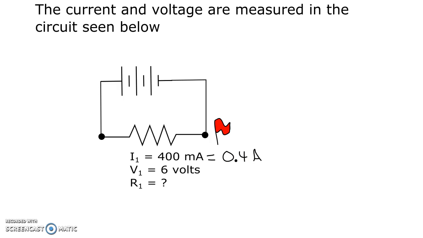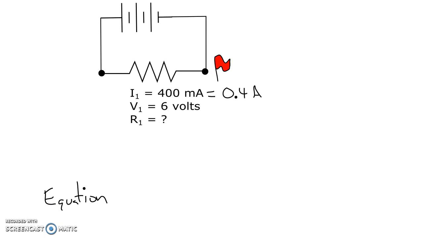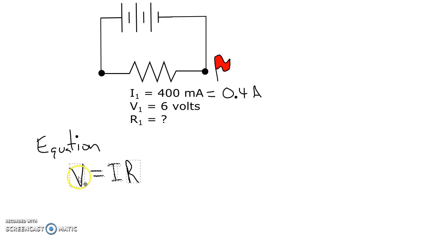Now, let's move on. If we take a look at the equation that drives Ohm's law, Ohm's law is the voltage in a circuit equals the current times the resistance. My goal here is to actually get the R by itself.